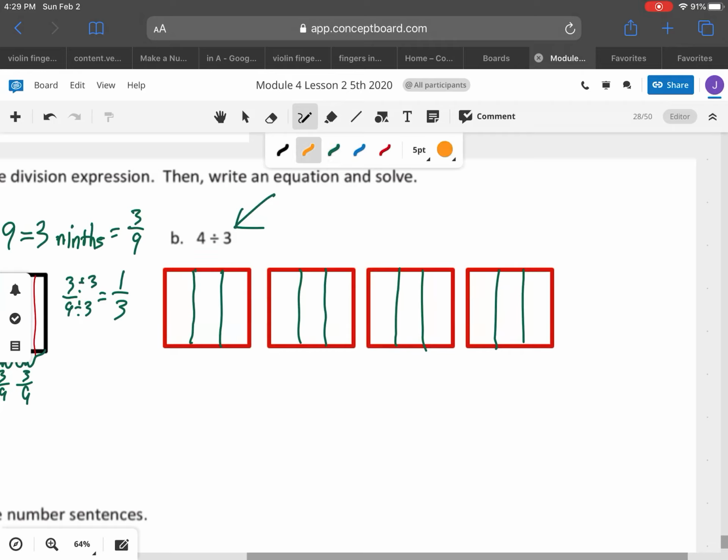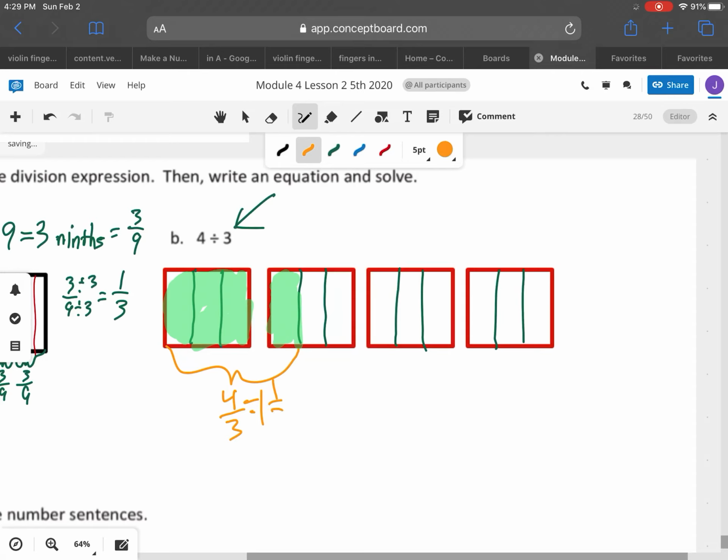Okay, so here we have something a little different because I need 4 of these, 4 thirds. 4 over 3. And hopefully you see that this is the same as 1 whole and 1/3.